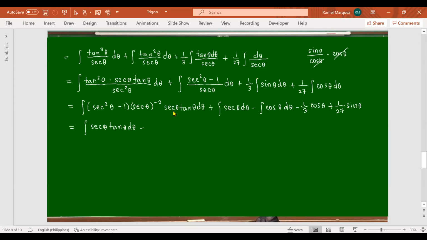Actually, pag minultiply ko ito dito, magiging ilan? Pwedeng yan na rin, actually. Kung ayaw nyo, this is just secant theta raised to negative 2. Ito yung differential niya. This is the differential.